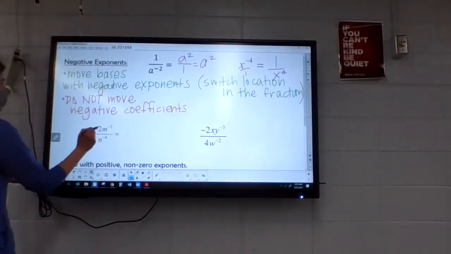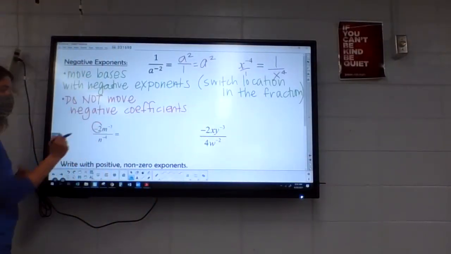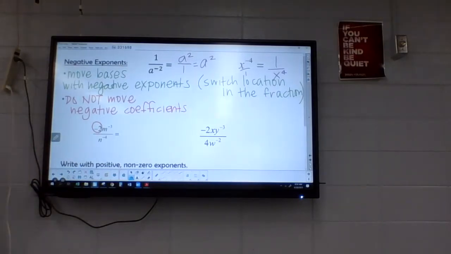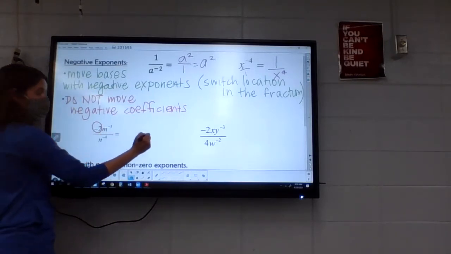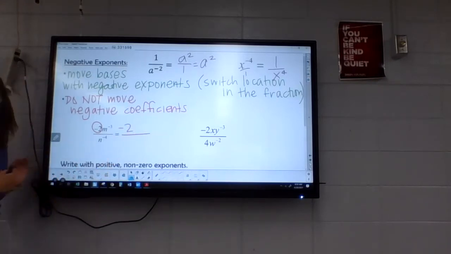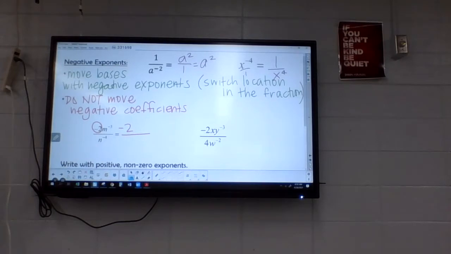So this negative 2, what's its exponent? It's a 1. So does it have a negative exponent? No. So it's going to stay where it is. Negative 2 is going to stay put because it has a positive 1 as an exponent.